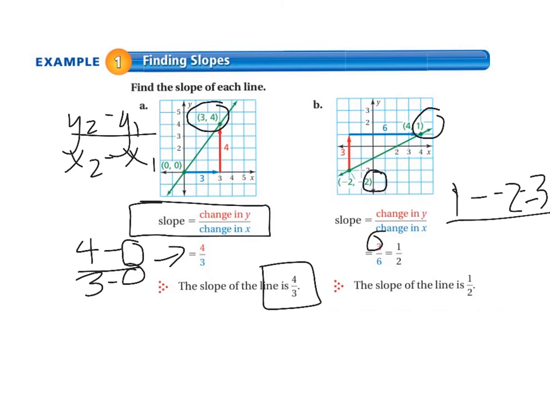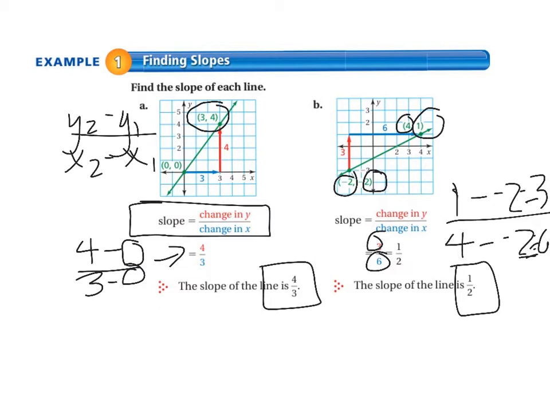And that's going to be over our second x coordinate, which is 4, minus a negative 2, our first x coordinate, which gives us 4 plus 2, which equals 6. So 3 over 6, and then when you simplify that, it's 1/2.